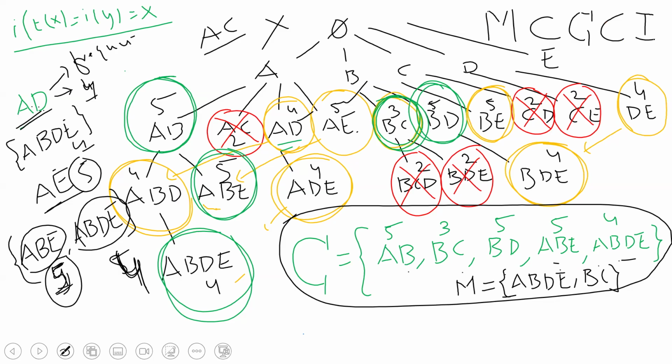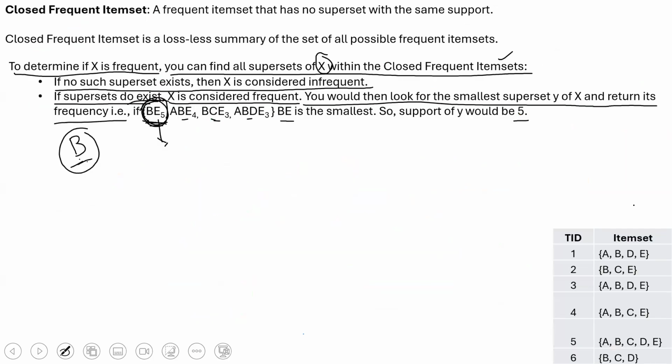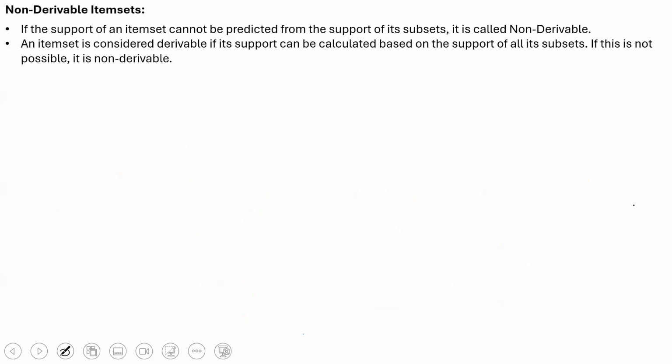This is how the relation looks. Maximal item sets are lossy information, whereas closed item sets are lossless information. Lossless summary is what closed item set basically means.